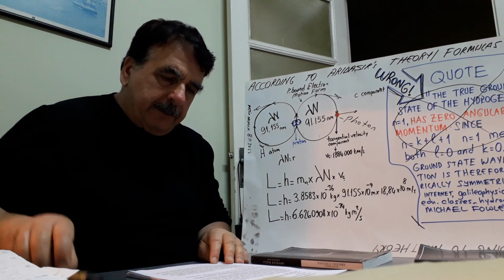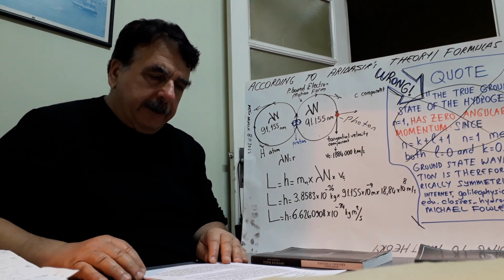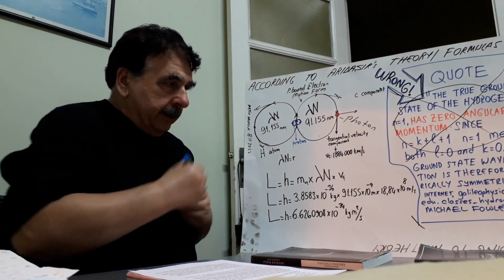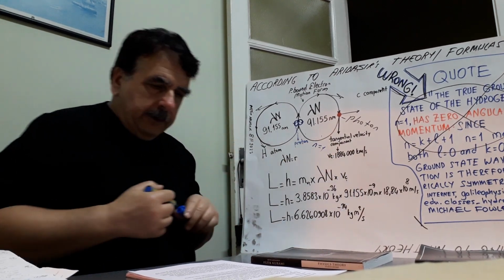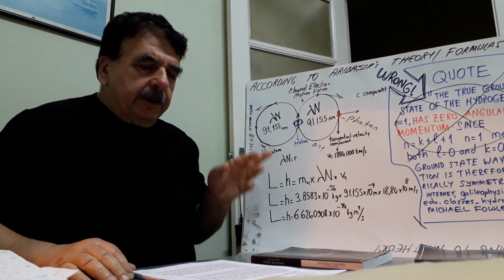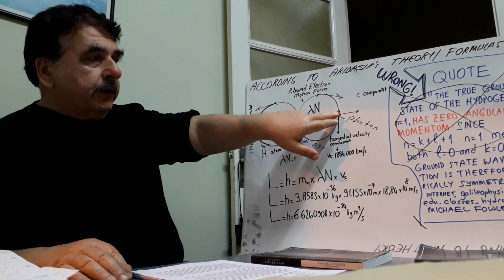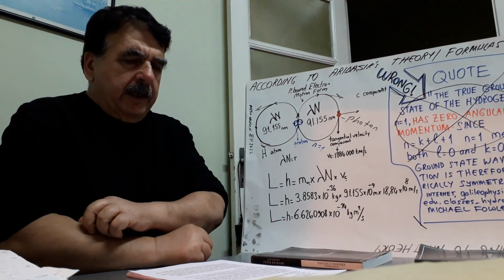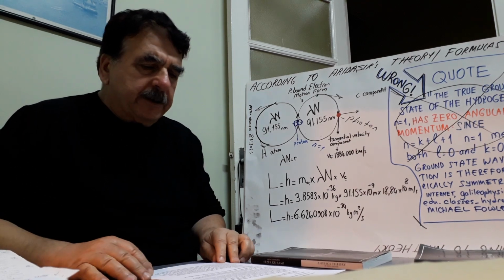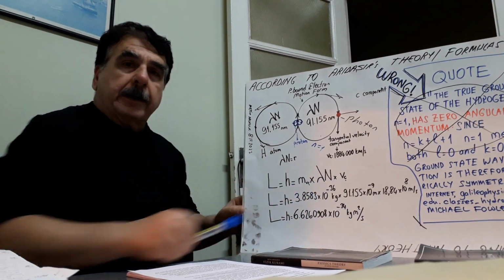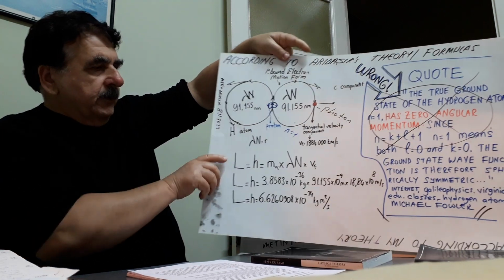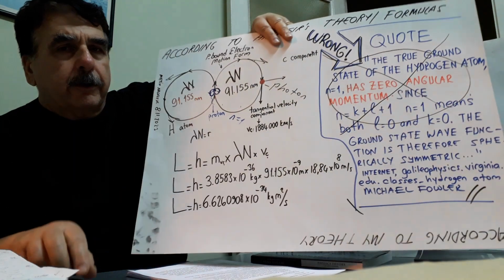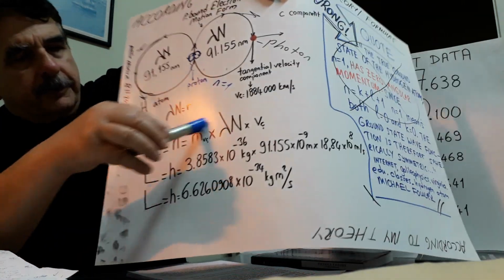According to me, there is a point that revolves around the nucleus, and in the ground state, n equals 1, the photon has angular momentum. Its angular momentum is Planck's constant. This is my angular momentum of a photon on an electron motion form.